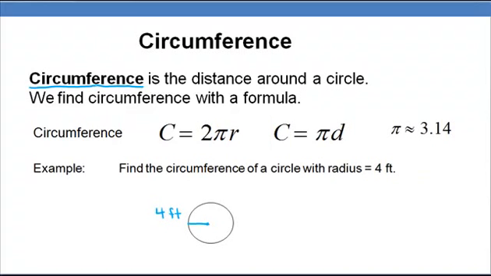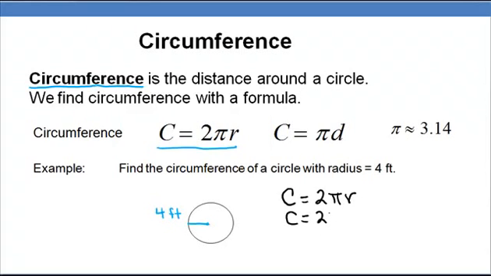Let's look at an example. Find the circumference of a circle with radius equals 4 feet. So we need the first formula because it has radius. So we have our formula, and first we'll substitute the 4 into the r.